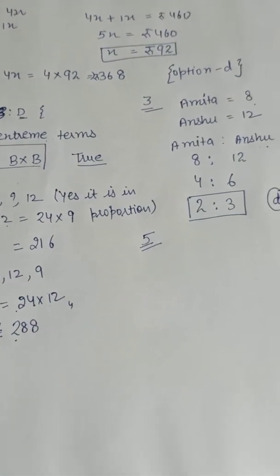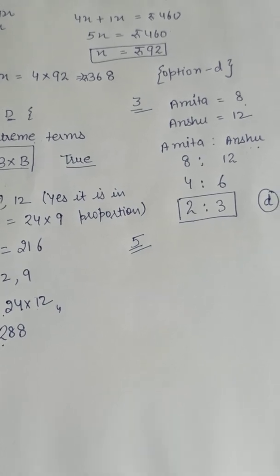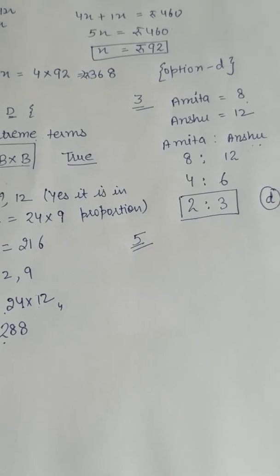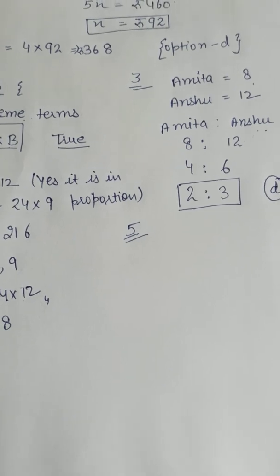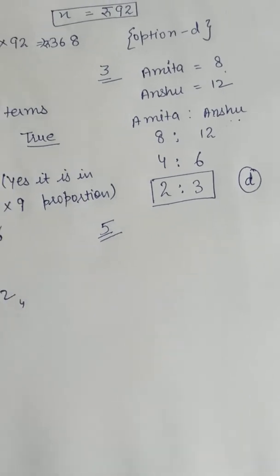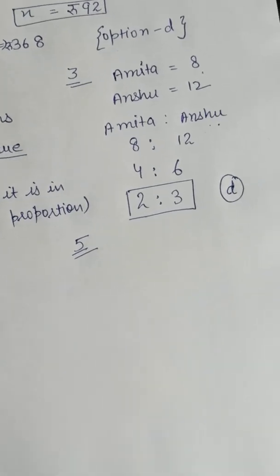If A, B, C, D are in proportion, then B, A, D, C are also in proportion?